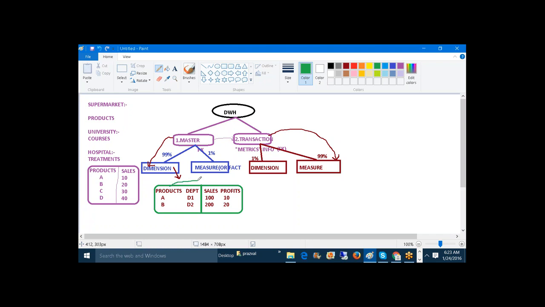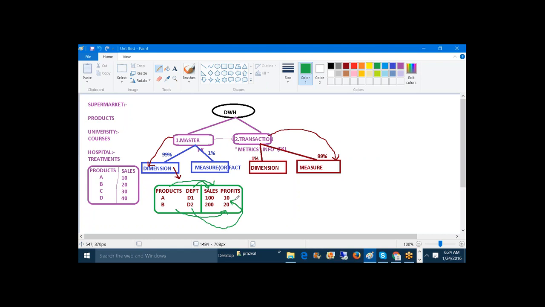It means we can analyze the sales based on the product, and also based on the department. Similarly, we can see the product-wise total profits, and also the department-wise total profits.